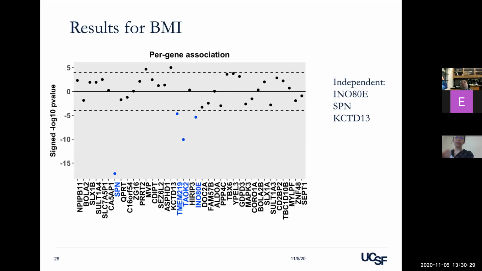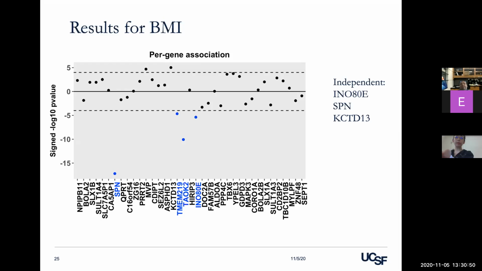We found 4 genes associated with BMI in the negative direction: SBN, TMEM219, TAOK2, and INO80E. An additional 2 genes were associated in the positive direction, which we did not expect. Those were MVP and KCTD13.